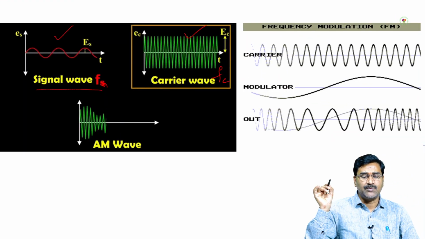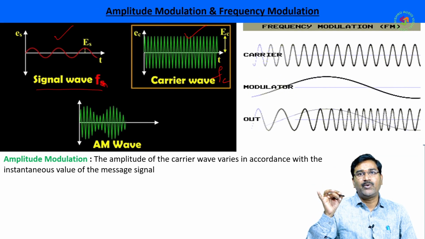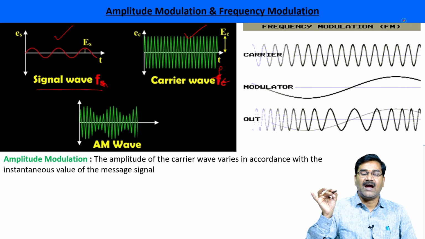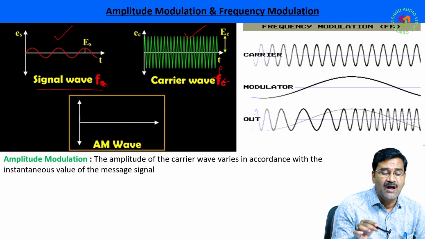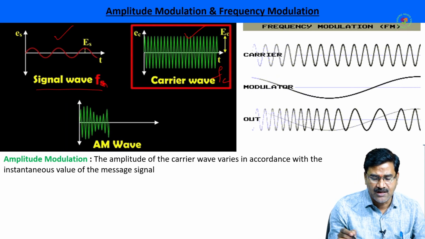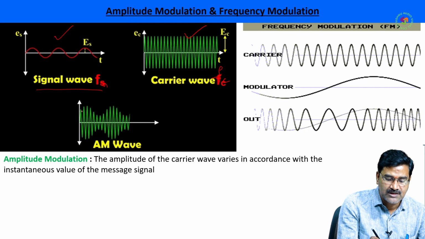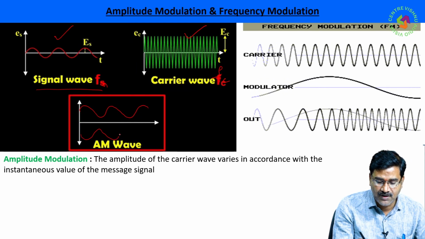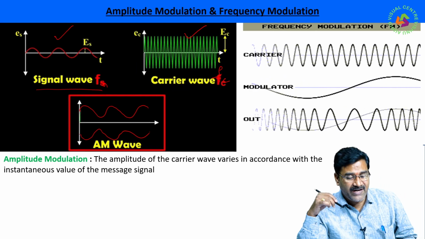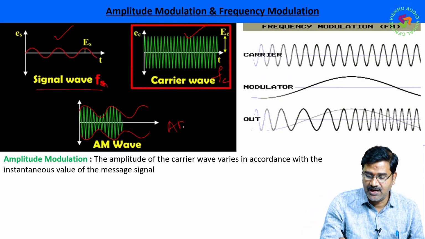It is a process wherein the carrier amplitude is varied in accordance with the amplitude of the message. The message amplitude varies sinusoidally, hence your AM wave amplitude will also vary sinusoidally like this. You can look at the envelope, which is also varying sinusoidally. So this is amplitude modulation, AM.